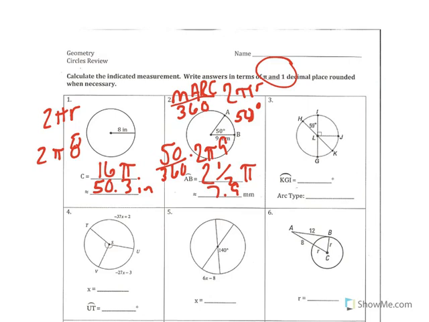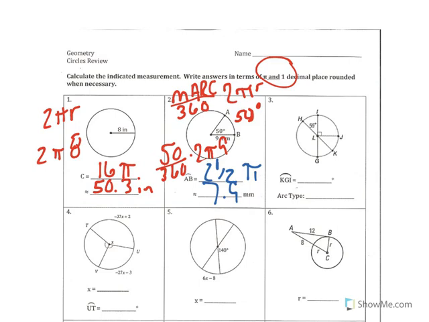I'm going to write that answer in blue so it stands out away from the work. So once again, you get 2.5 pi, also known as 7.9.